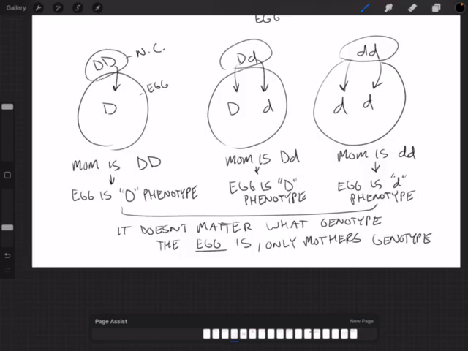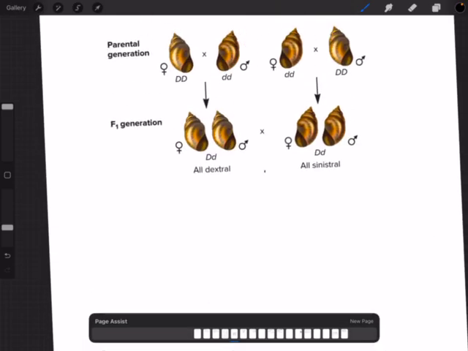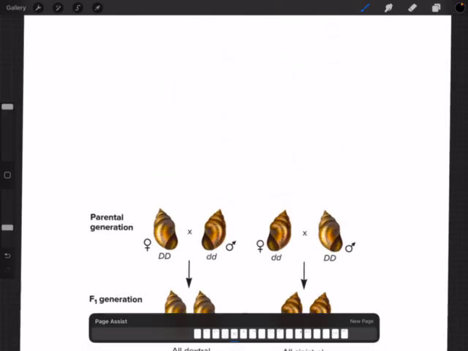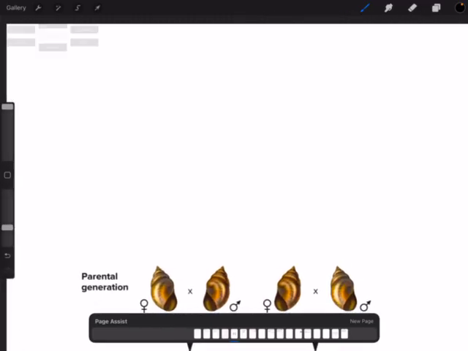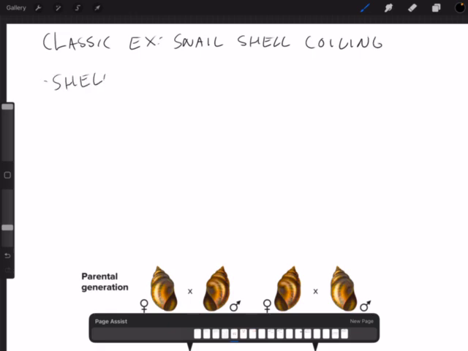And I'll give you a classic example. It's the one used in the textbook, which is snail shell coiling. We'll come back to that in a second. So example, classic example, snail shell coiling. All right, so the shells of snails coil in one of two directions.